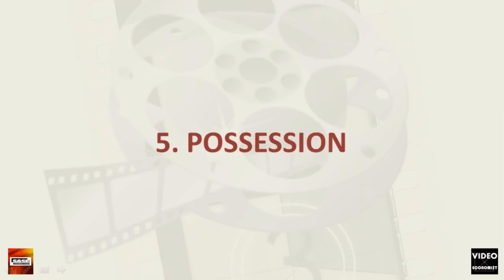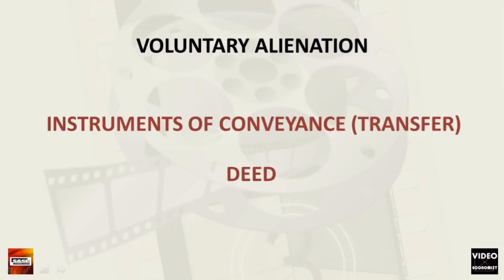In terms of possession of property, first we can talk about voluntary alienation, giving up the right to possess the land voluntarily with an instrument of conveyance, of transfer of these rights, through a deed or through a will.